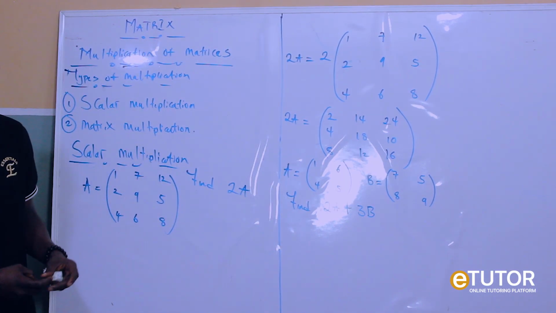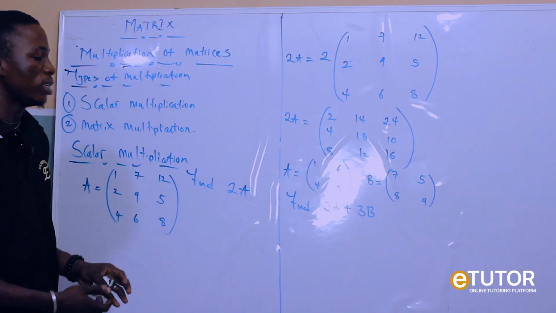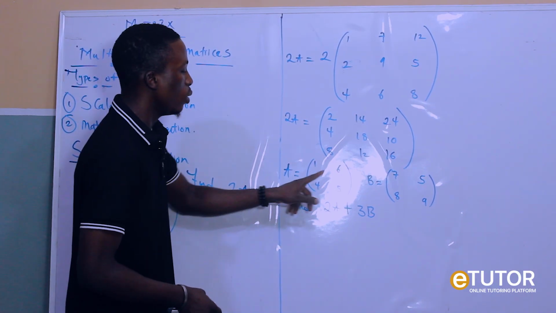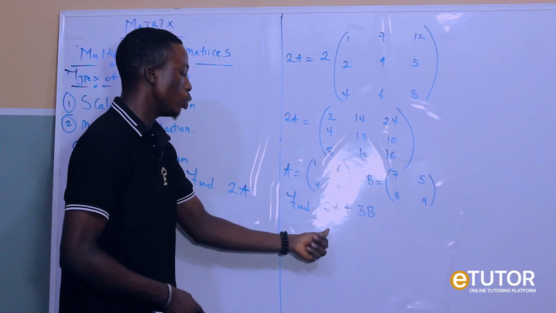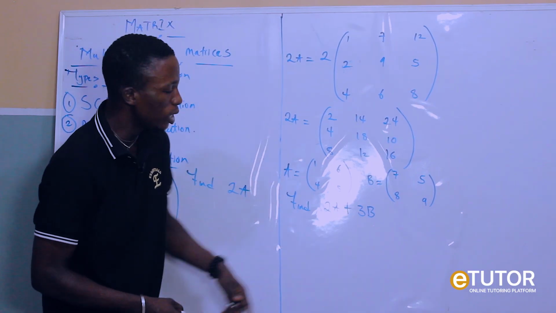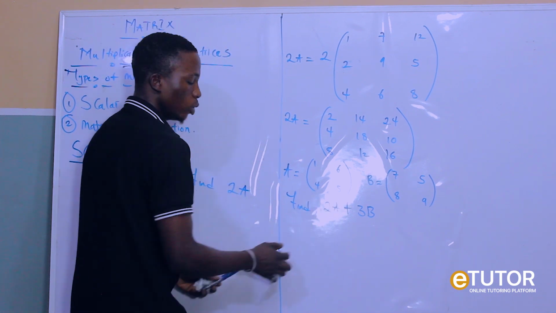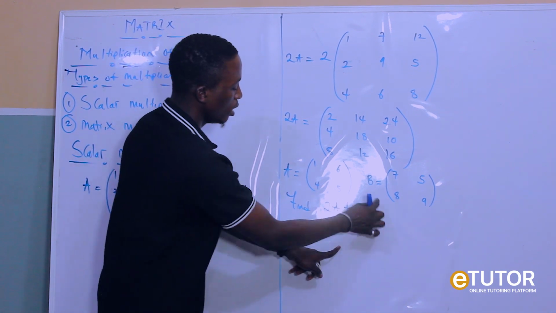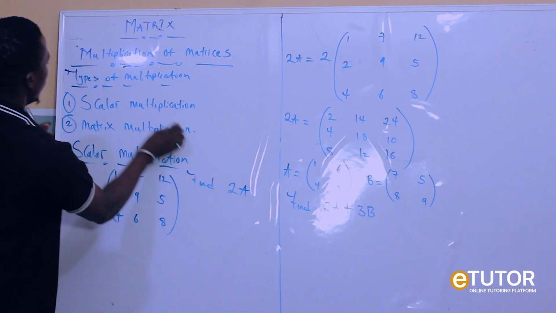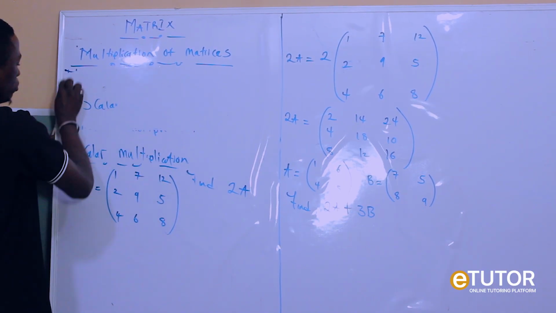Now this is quite different from what we did under addition and subtraction of matrices. To do this, we first have to find the value of 2A, and secondly, we have to find the value of 3B. So let us work with that now.